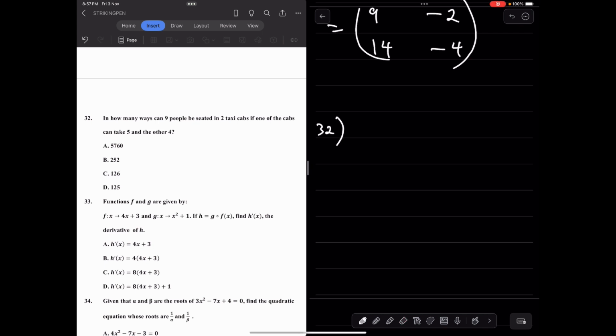In how many ways can 9 people be seated in 2 taxi cabs, if one of the cabs can take 5 and the other can take 4?